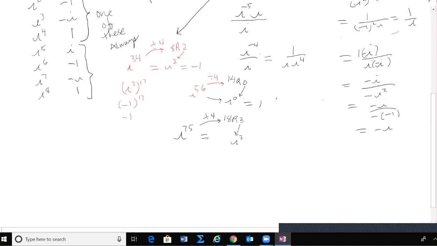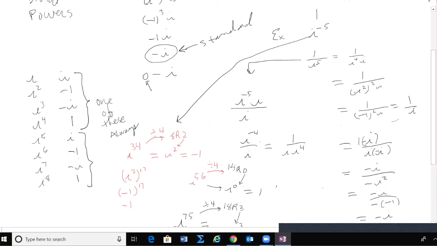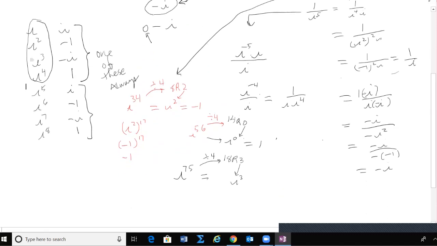Well, if you've got these patterns memorized, we really only have to remember the first 4 because they always repeat like that. And every time we divide by 4, we're never going to get anything other than a 1, 2, 3, or 0 remainder. So there's only those 4 cases to remember, really.